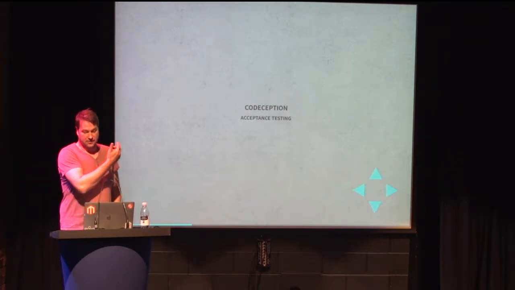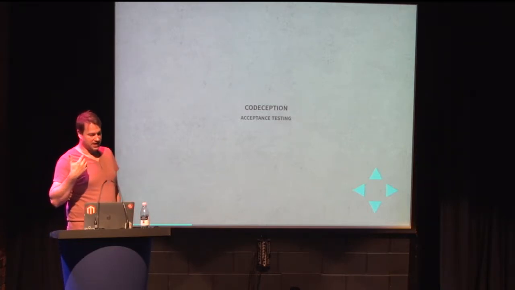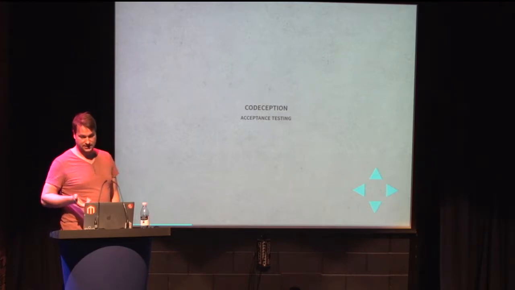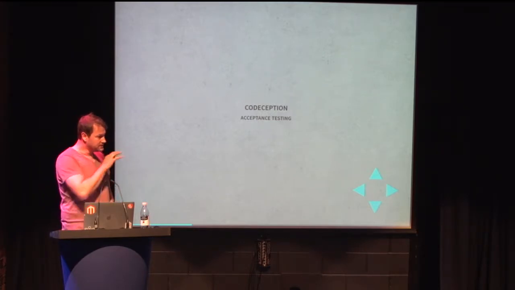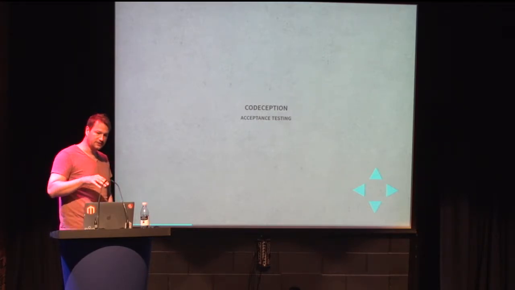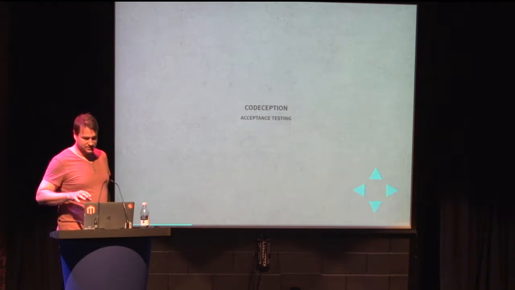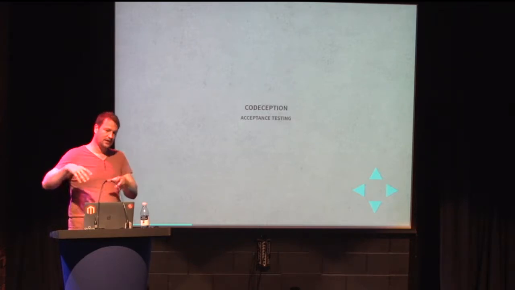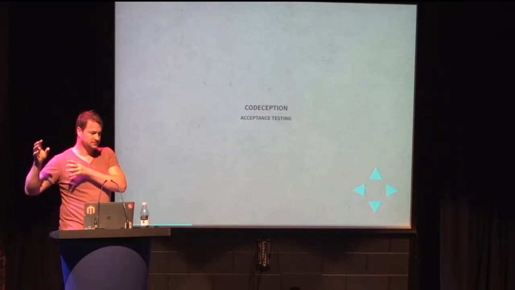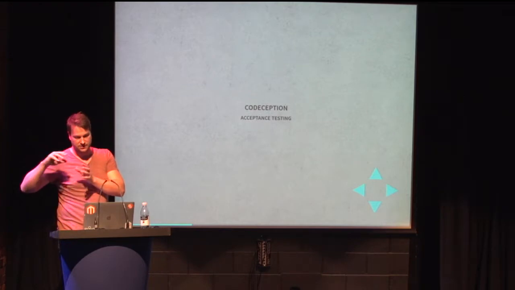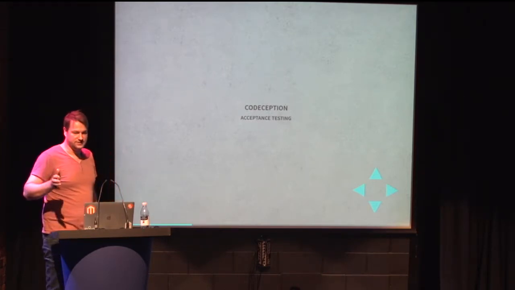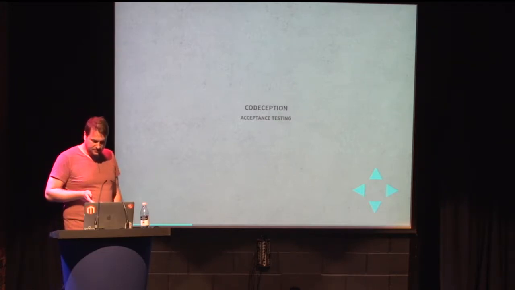You can run PHPUnit with it, you can run acceptance tests, and of course functional testing like API testing and so on. For this presentation, we just focus on the acceptance testing part. So there is the Codeception framework running your tests against a Selenium cluster, running headless browsers or Chrome instances, or against a paid service like BrowserStack or something else.